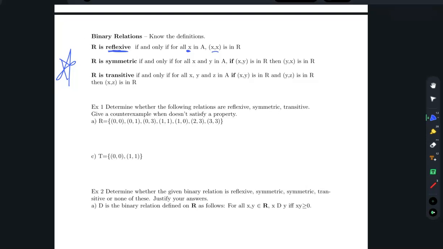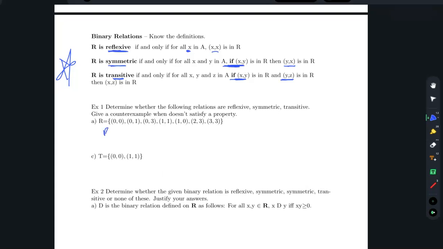Symmetric says if I have this in the relation, then the reverse is in the relation as well. And transitive says if I have (x, y) and (y, z) in the relation, then (x, z) is in the relation. Some relations can have one of the properties, two of the properties, or none of the properties, so we just have to check for every single one.